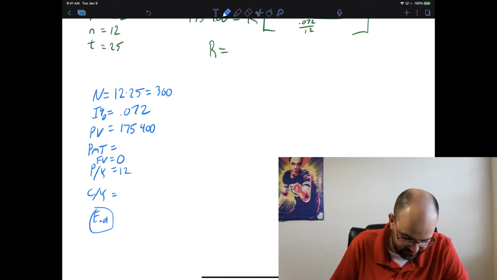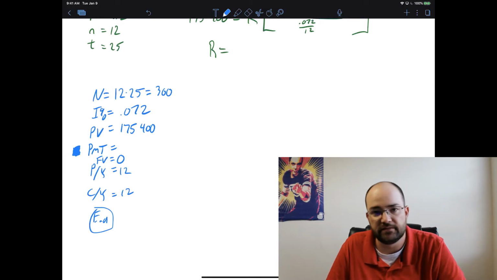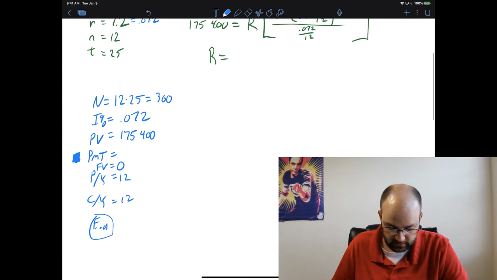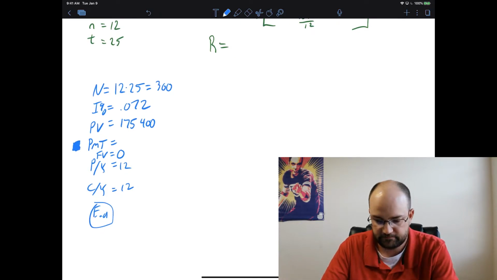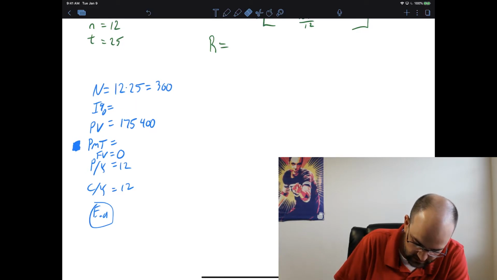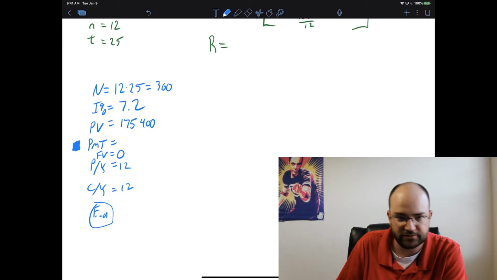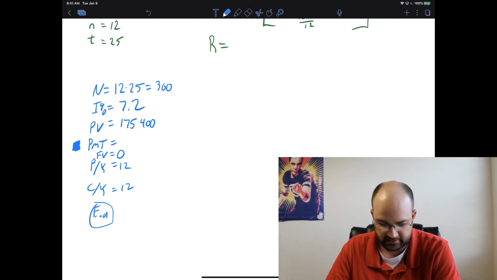We're making 12 payments a year, and so using this, we can use the TVM solver to find the payments per year. Payments per month. Just type all this in. And it's obviously 7.2 there. My apologies. So 7.2 for the I%.